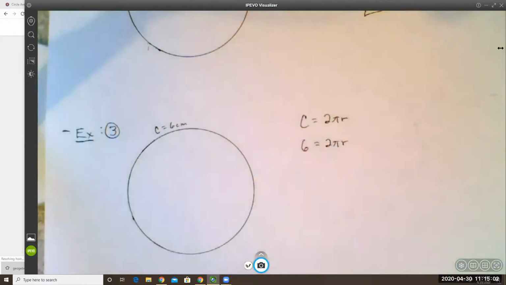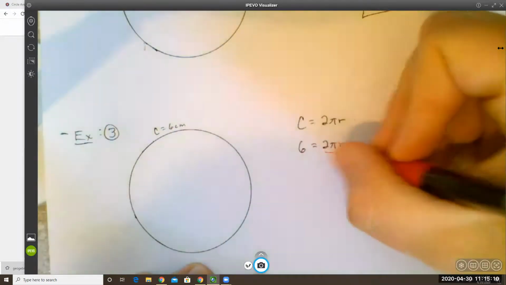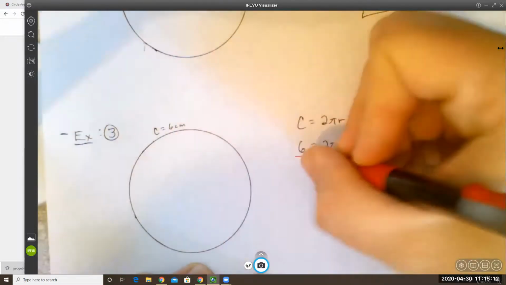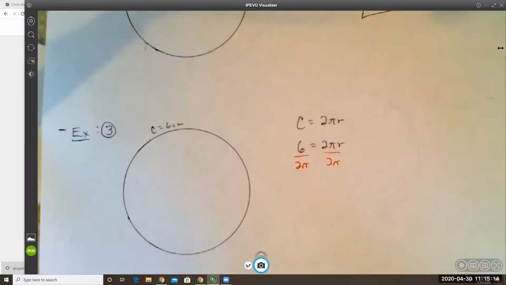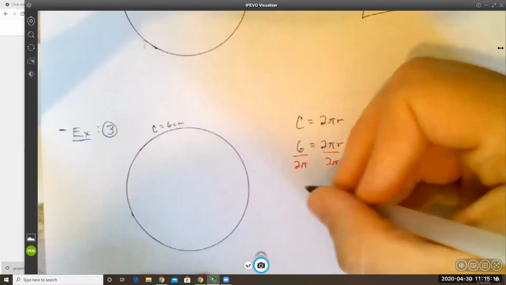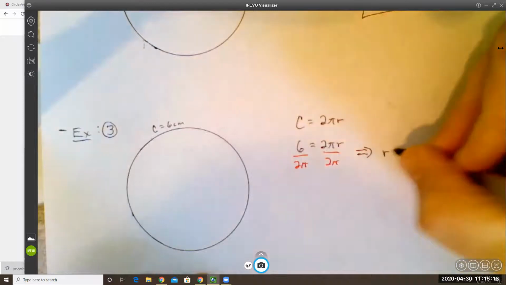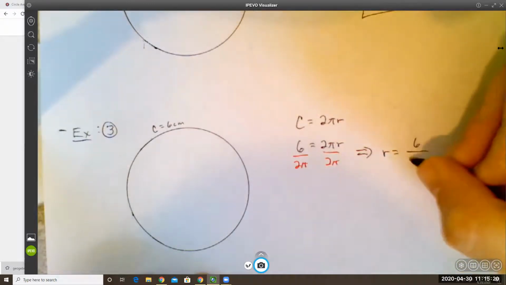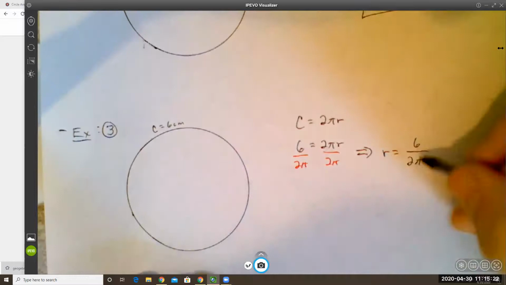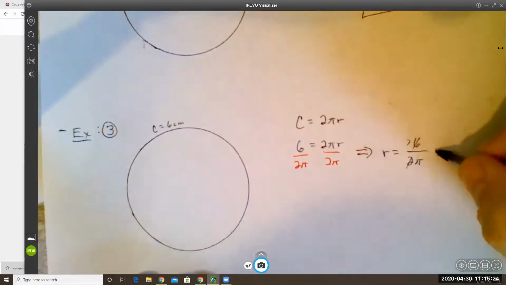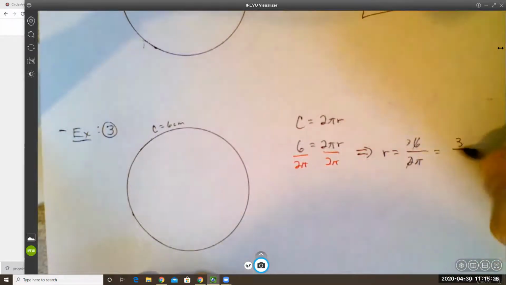We can solve for r now, right? So we would divide through by 2 pi in order to solve for r. We get r equals 6 divided by 2 pi. You can simplify that, right? So r is 3 over pi.